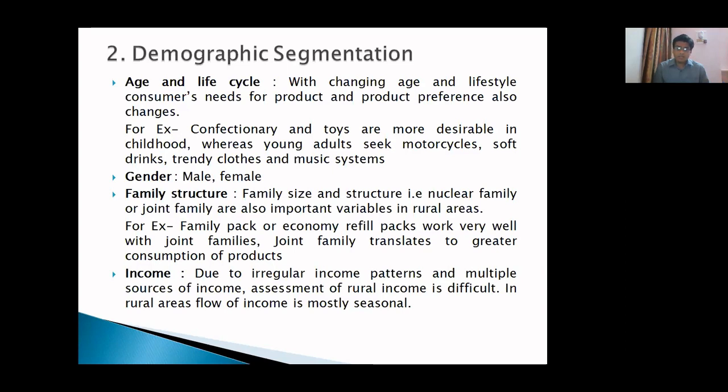Confectionaries and toys will be desirable in childhood. Children will be needing more of the toffees, chocolates, toys, and these will be sold more to the children. Youth will be seeking the motorcycle, soft drinks, trendy clothes, music systems, and so on.